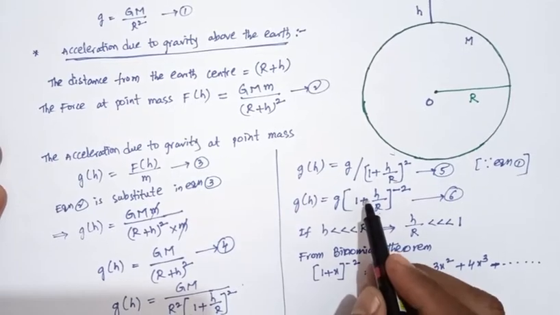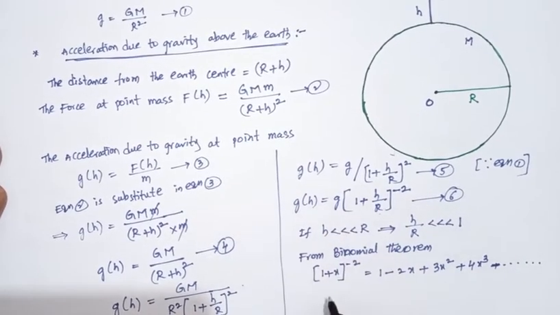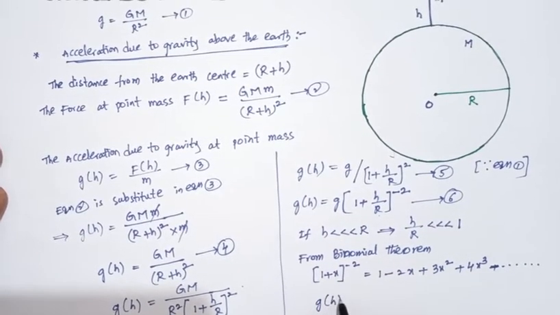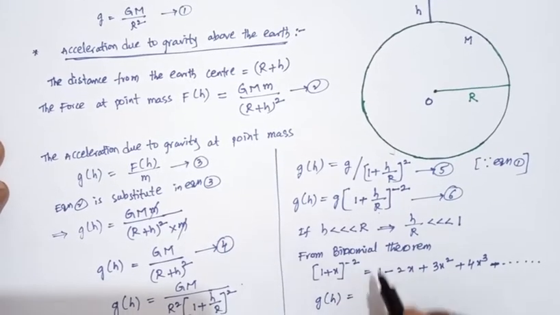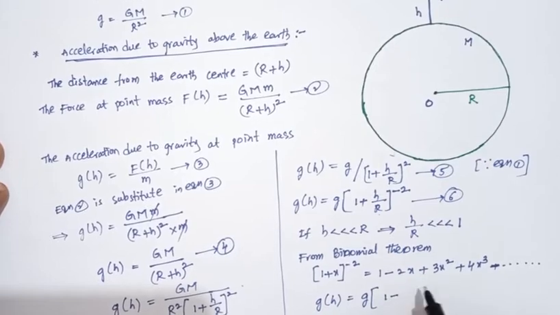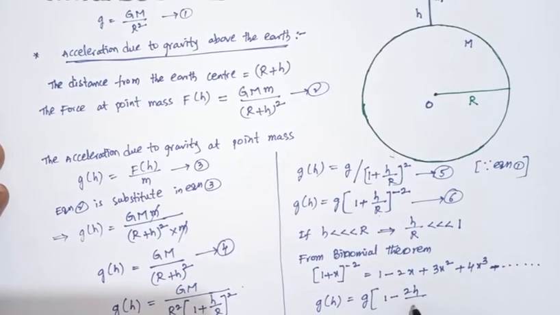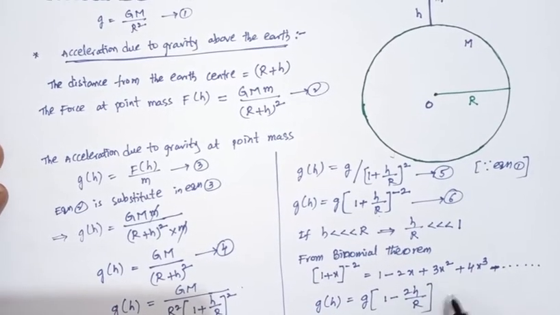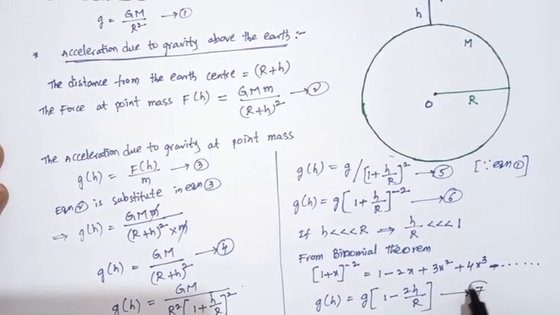Then g of h equals g into (1 minus 2h by r). This is equation number 7.